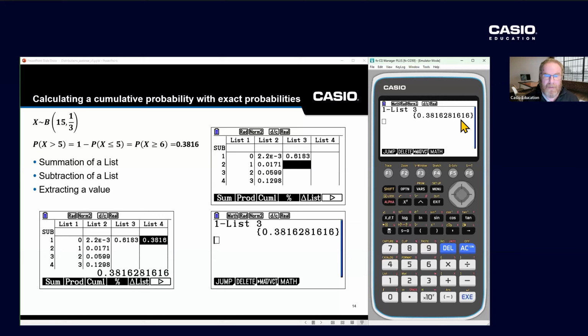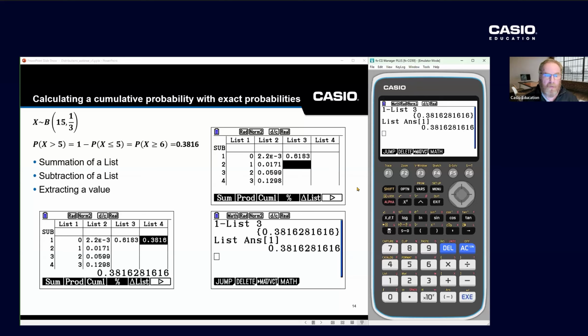Okay, so this is actually a list. The answer is a list. It's not a particular value, even though there's one value in the list. But if I wanted to do something to that value, I can recall it. So that's my list answer. And I want position number 1. Okay. And when I do that, that is now my answer, and I can do a calculation on it if I wanted to.